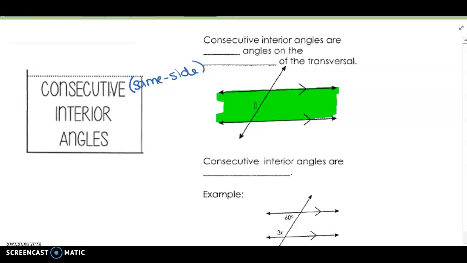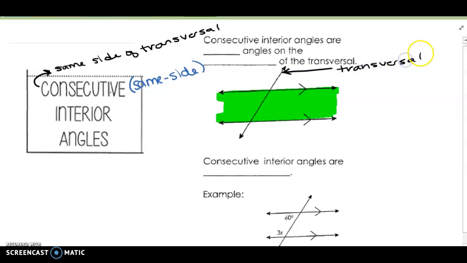That's what interior means. And consecutive means we're on the same side of the transversal. Same side of transversal. Okay, and once again, don't forget this here is the transversal. Okay, I'm going to label my angles. 1, 2, 3, 4, 5, 6, 7, and 8. All right.